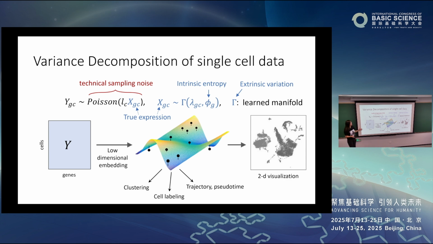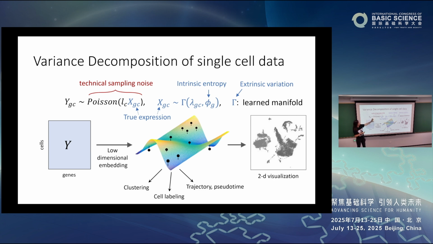It's very simple, but each component of this model has been validated by experiments. We had a paper in PNAS that shows that the technical error is indeed Poisson with this library size. When I say indeed, it's well approximated by a Poisson distribution.